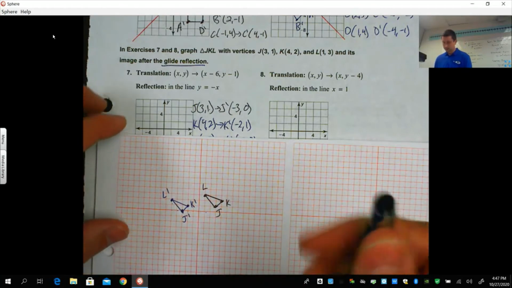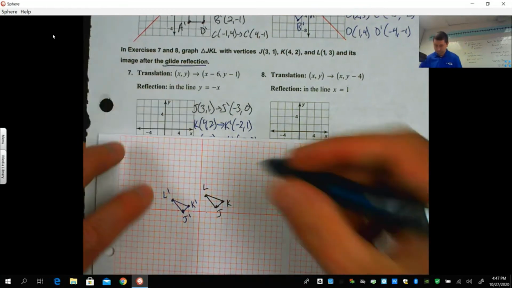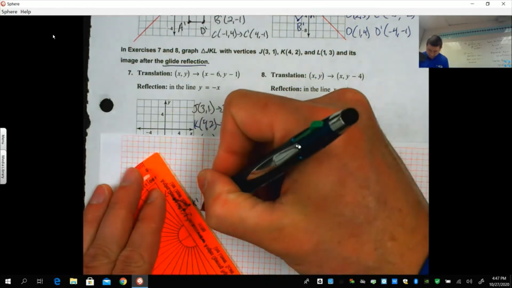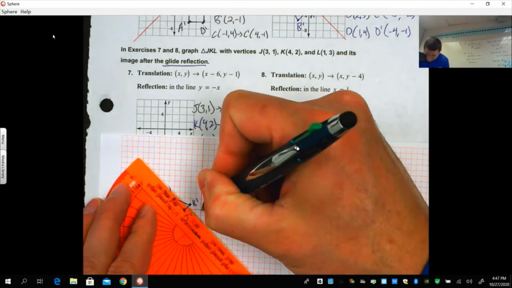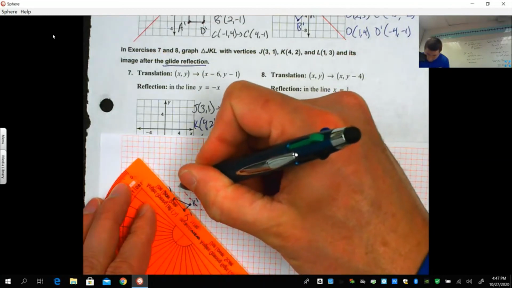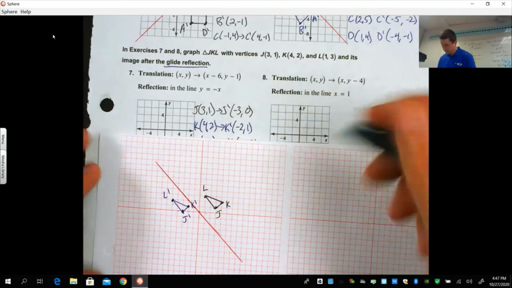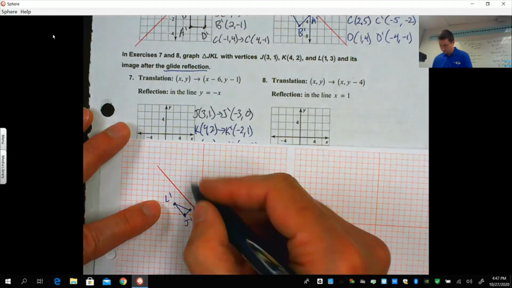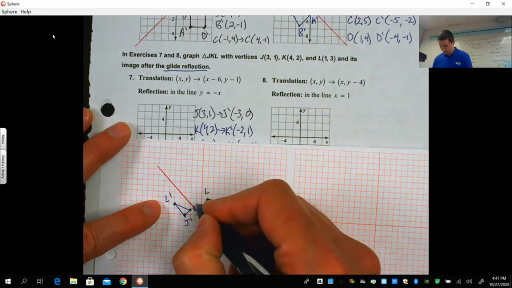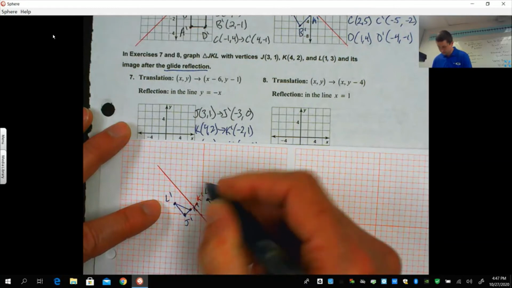And then we have the reflection in the line y equals x. So here's my line y equals x. And we're going to reflect that over. Sometimes the easy way also is just to look at the distances that you're doing. So there should be K prime.